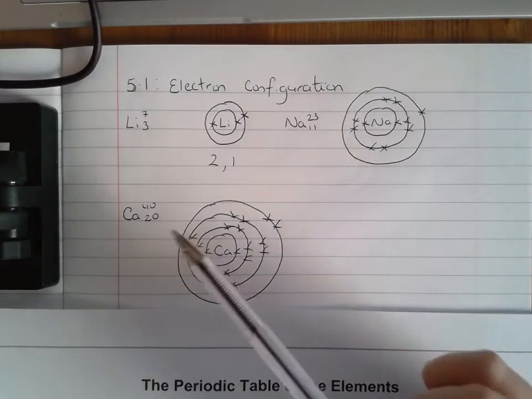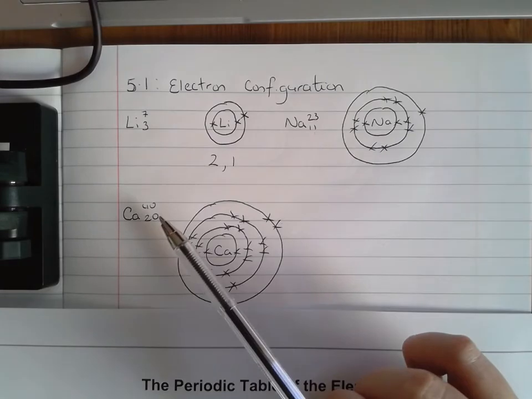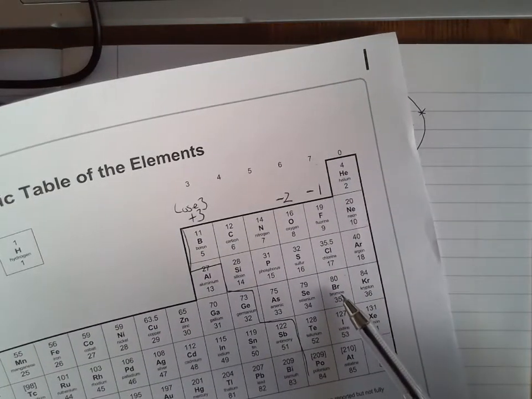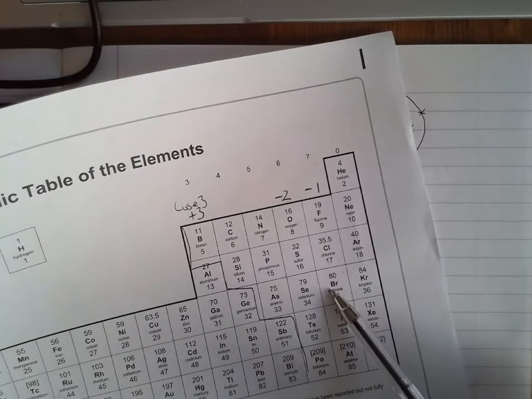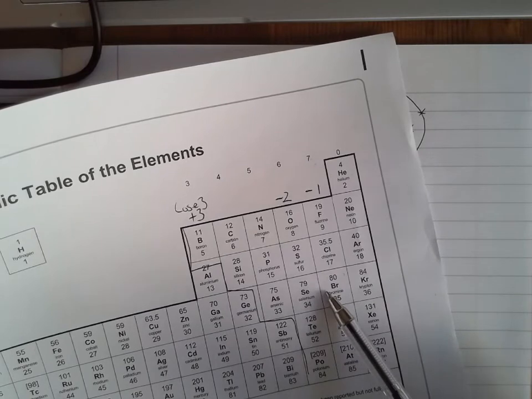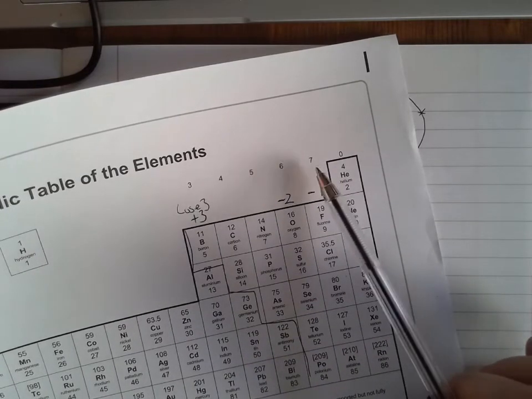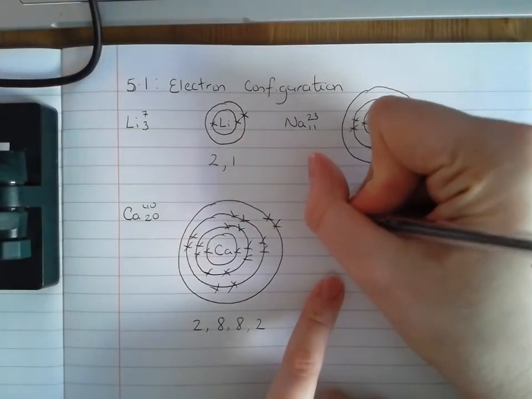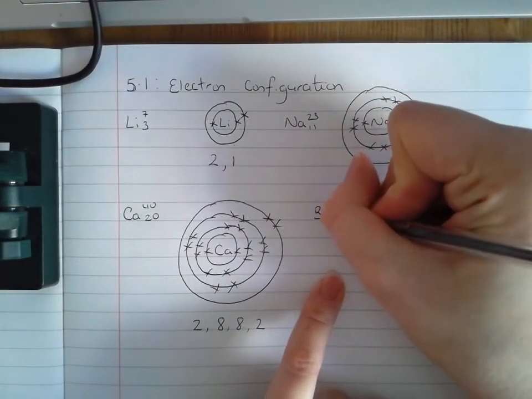We never asked you to draw anything bigger than calcium at GCSE, and there is a reason for that. If you were to try and draw bromine, looking at my periodic table, I know bromine's in period 4, so I know it's got 4 shells, and I know it must have 7 electrons in its outer shell. But I'm not going to draw bromine, I'm just going to write the electron configuration.